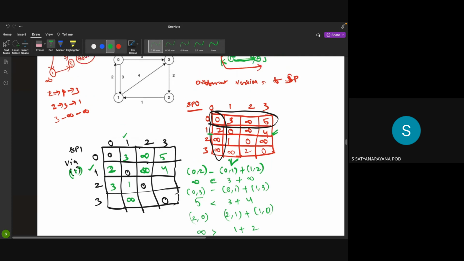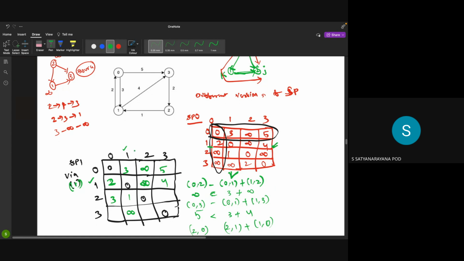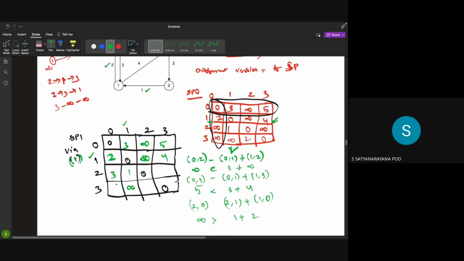How did we get this 3? If you want to go for 2 to 0 via 1, this is 1, this is 2. So that's what we got, the value is 3. So now the infinite is gone. This is already okay because we already got it from the previous.